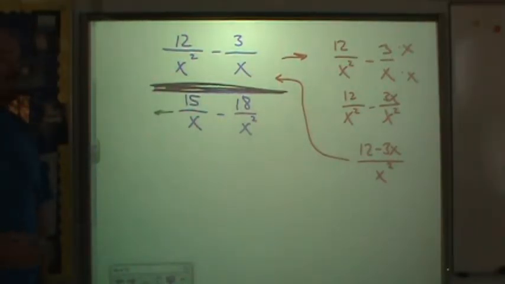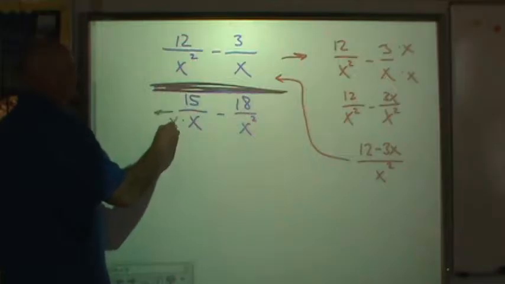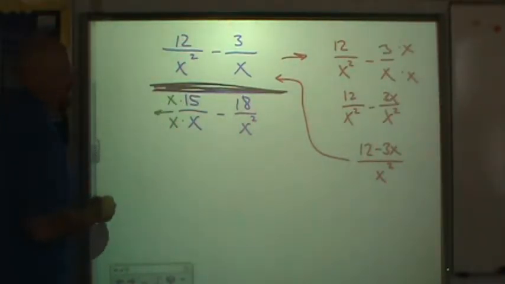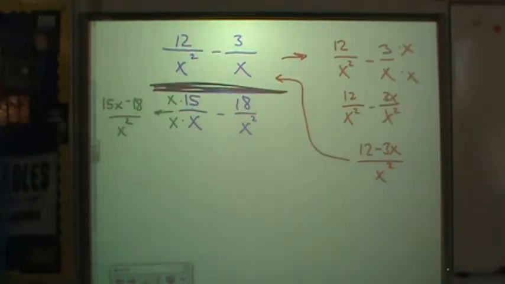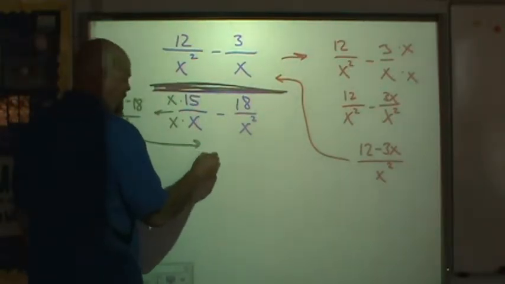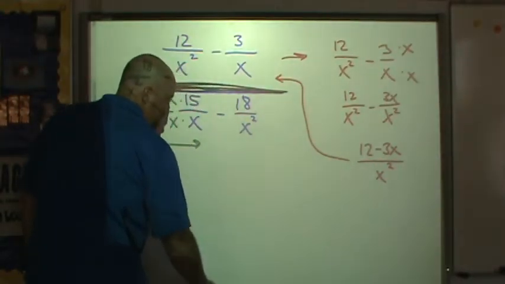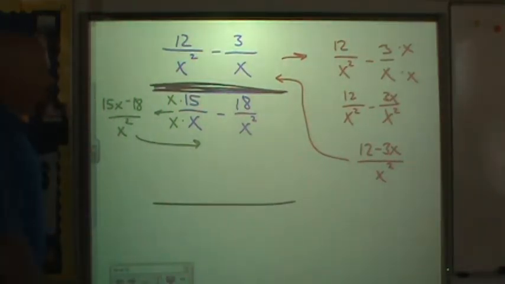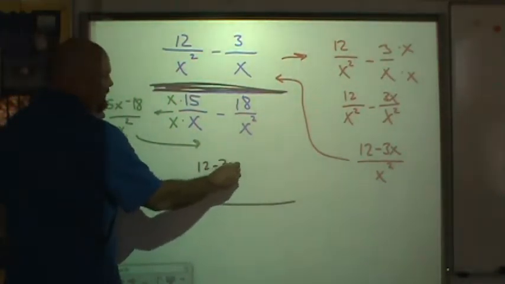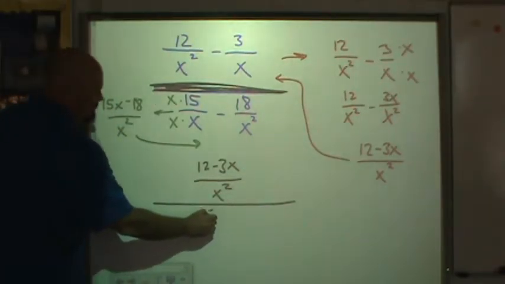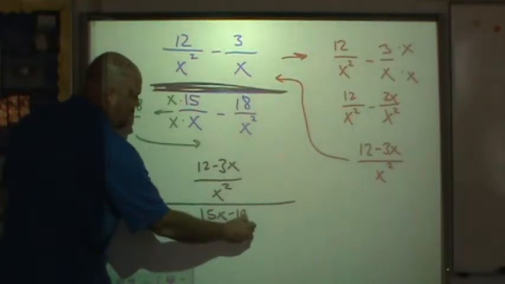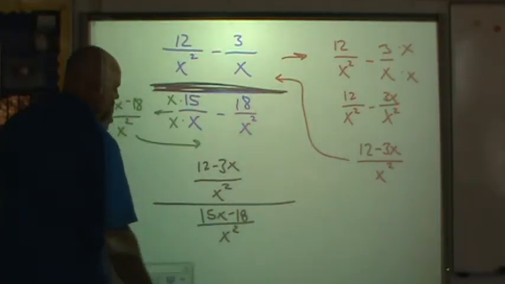Multiply the bottom here by x, multiply the top by x. So I have 15x minus 18 over x squared. And then that's going to come back in. So my fraction overall is 12 minus 3x over x squared on the top, and on the bottom, 15x minus 18 over x squared.